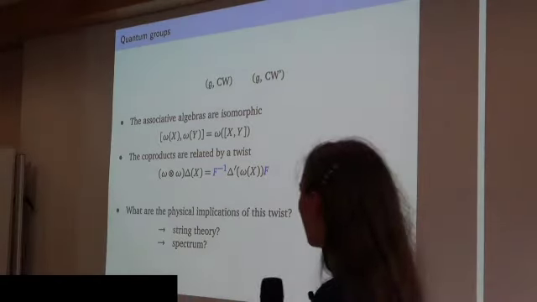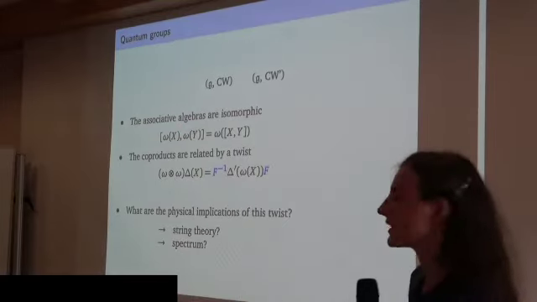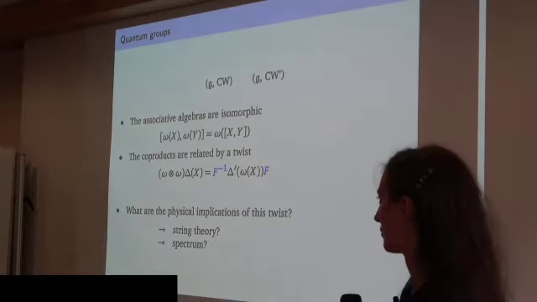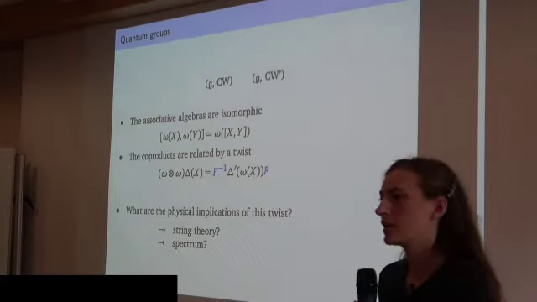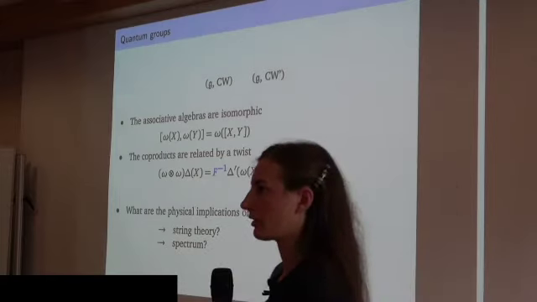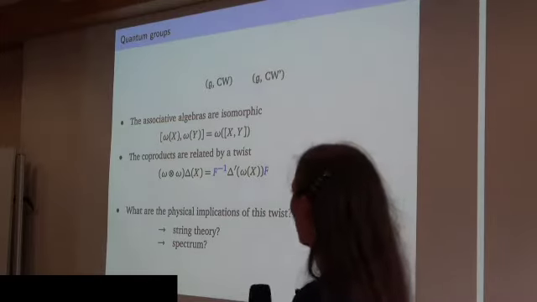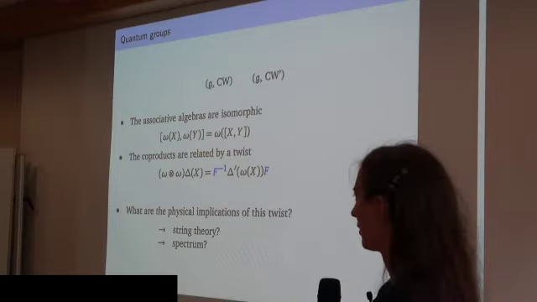So the quantum groups are a priori not equivalent because they are related by this twist. And as a physicist, you may wonder what the physical implications of this twist are on your ETH deformation, on your model. One question you can ask is whether the ETH deformation that you construct is actually a string theory, and whether the twist will affect that.